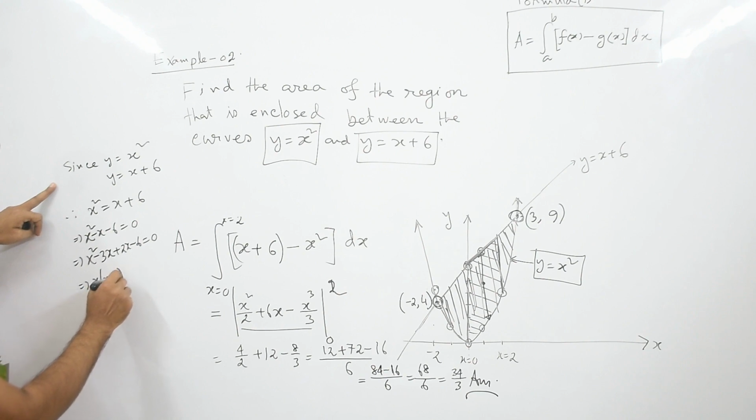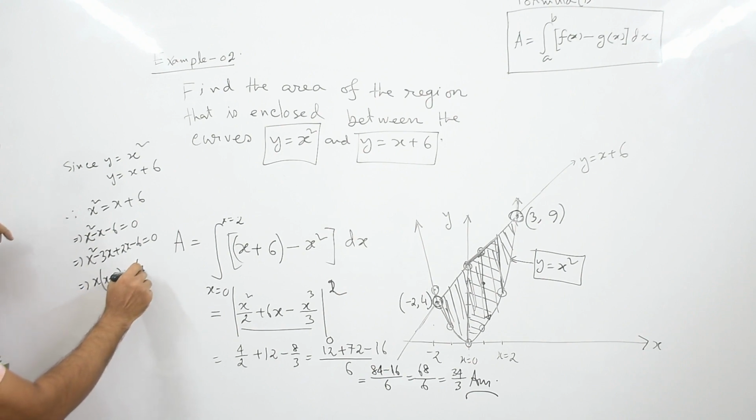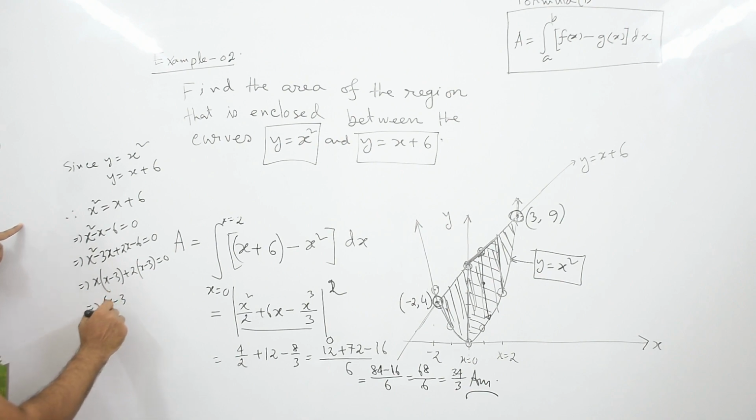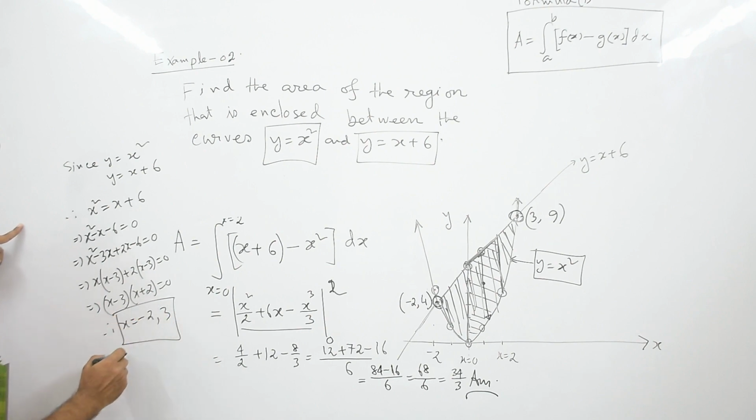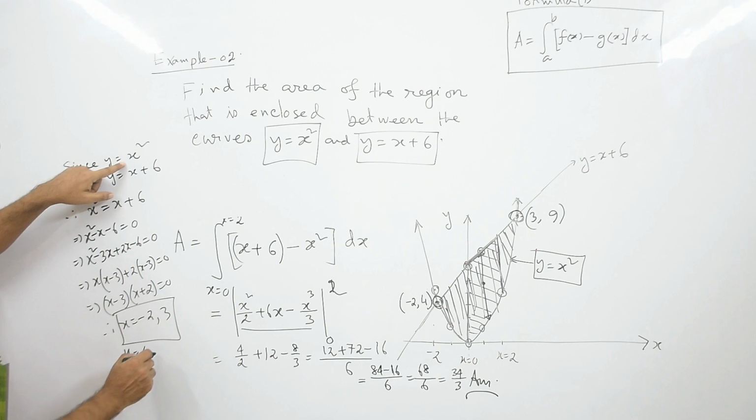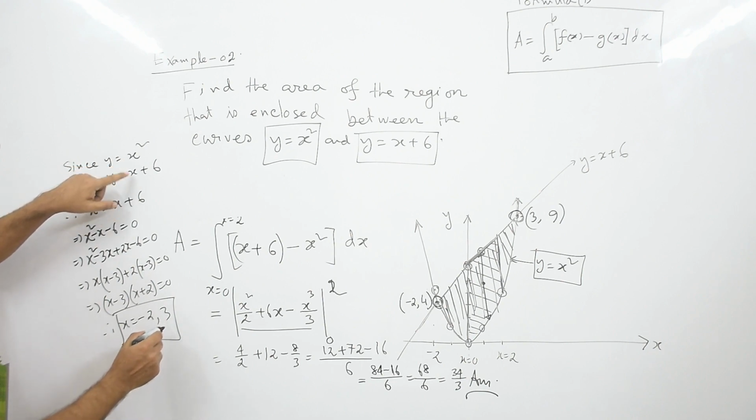So x into x minus 3 plus 2 into x minus 3 equal 0. This implies x minus 3, x plus 2 equal 0. Therefore, x equal minus 2 and 3. So, when x equal to minus 2, y equal 4. And when x equal to 3, y equal 9.